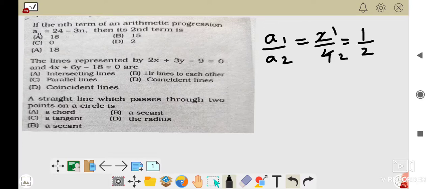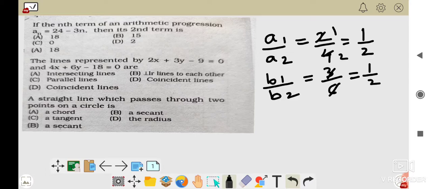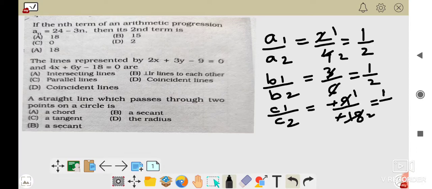Then b1 by b2 is equal to 3 divided by 6, so this also is equal to 1 by 2. Then c1 by c2 is equal to minus 9 divided by minus 18, so minus minus get cancelled, 9 1s are 9, 9 2s are 18, so here 1 by 2.